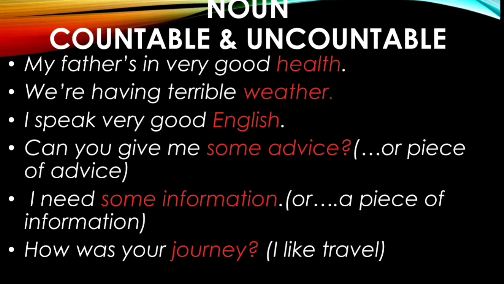And how was your journey? It is not travel. When it is a general thing like I like travel, we can use travel, but a journey from one place to another, it is always singular. We cannot use articles before it. We can't count these nouns.